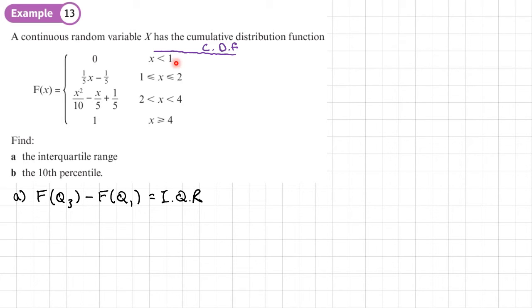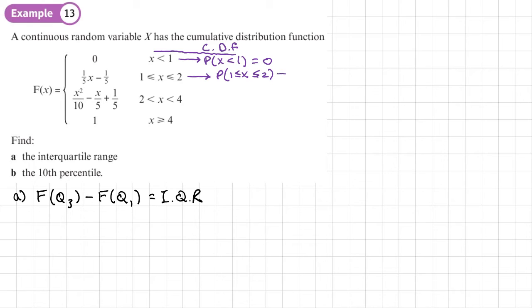So on the first row, if I want to know the probability of x less than 1, that's going to be 0. That's what the top row is telling me. Okay, for the next row, I want to work out, well, what are the cumulative probabilities between x equal to 1 and 2.